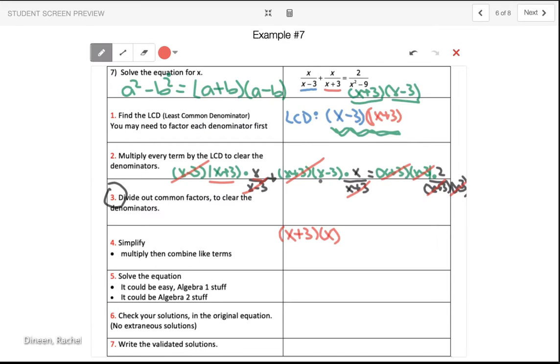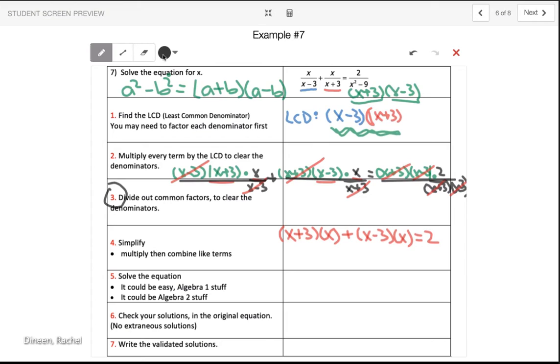From my second expression, I have x minus 3 and x, so plus x minus 3 times x equals, and then my third one, I just have the 2. Okay, if it helps and visually it makes more sense to draw one big dividing line to connect it all, you can do that so that you see it as one expression.